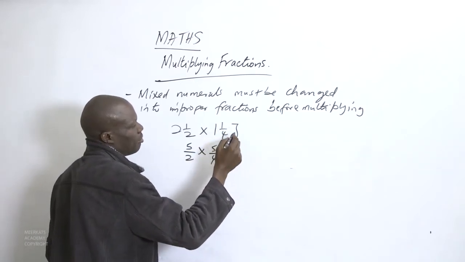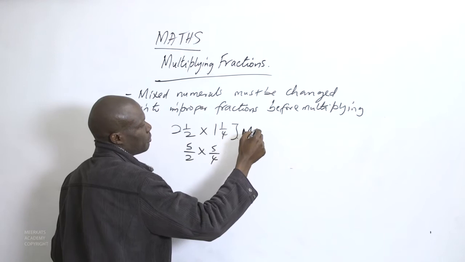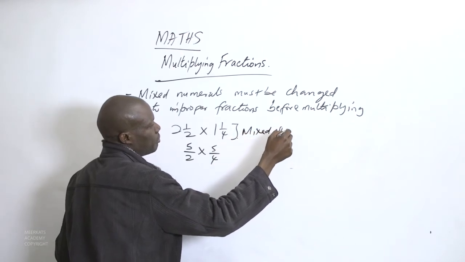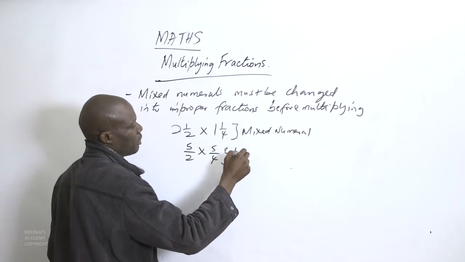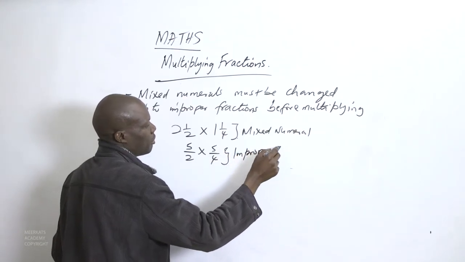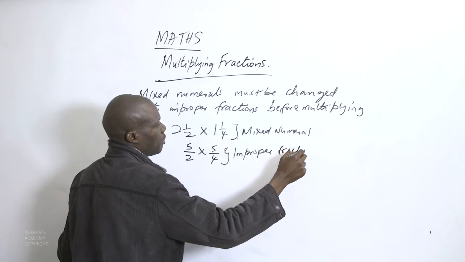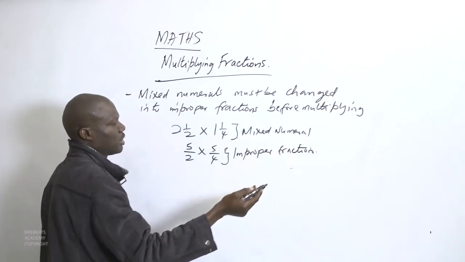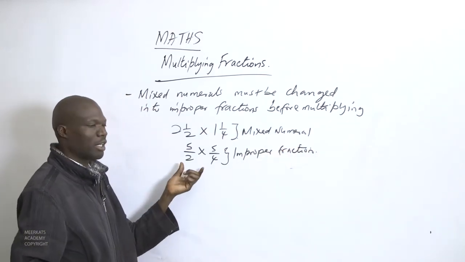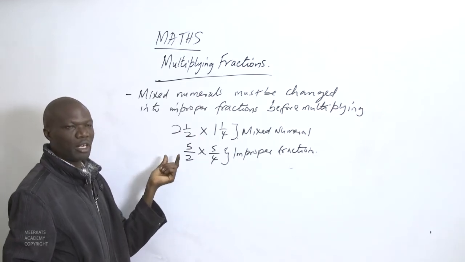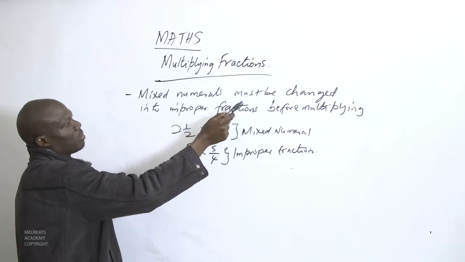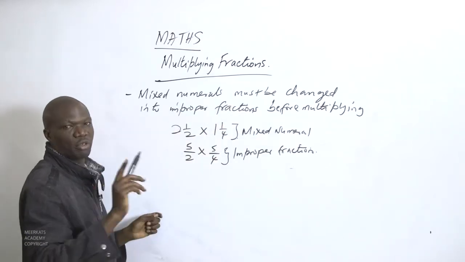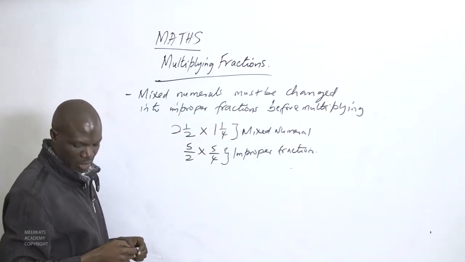This is a mixed numeral, and this one here is an improper fraction. Take note that we have not changed anything. We've simply written the mixed numeral as an improper fraction. That's why we are saying mixed numerals must be changed into improper fractions before we do the multiplication.